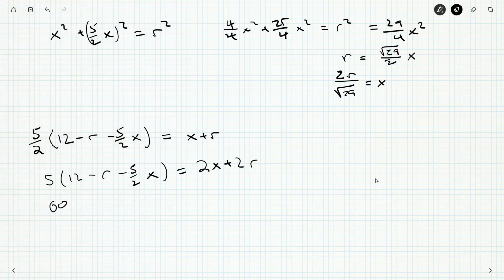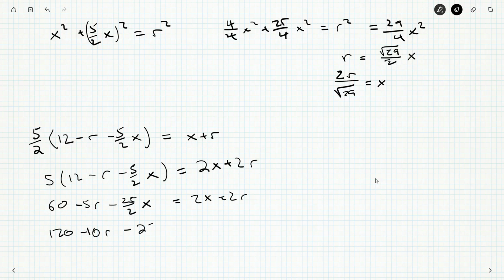So we get 60 minus 5r minus 25 over 2x. This is why I wanted to multiply by 4. So we'll multiply by 2 again. So 120 minus 10r minus 25x is equal to 4x plus 4r.